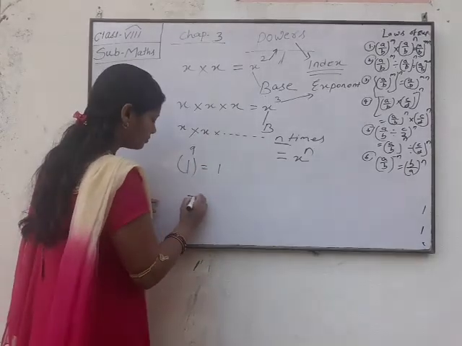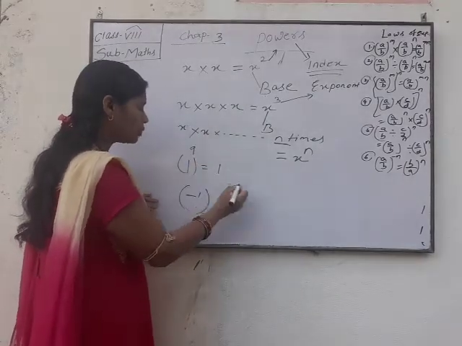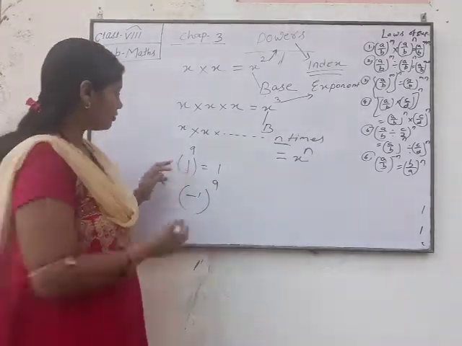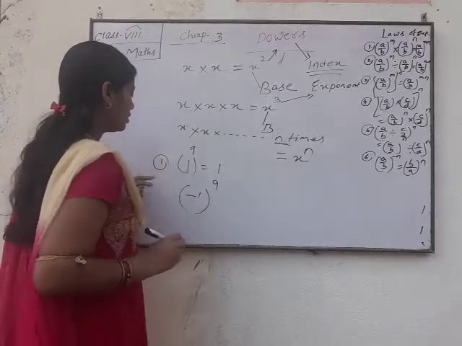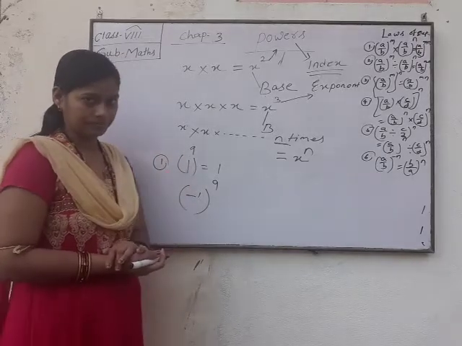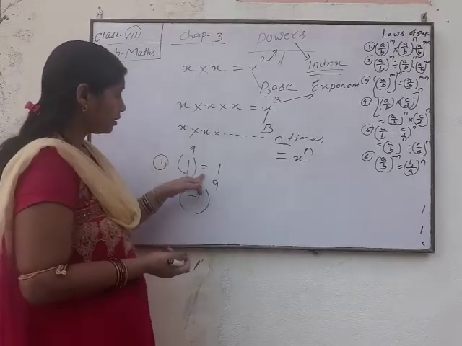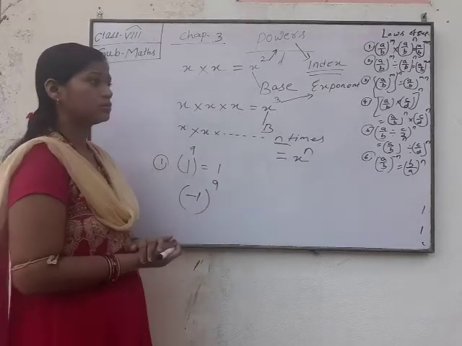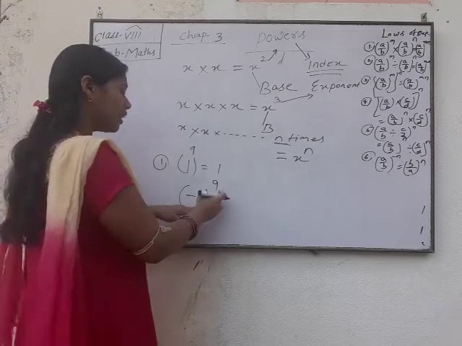Now suppose minus 1 to the power 9. In the first case, 1 to the power 9 is equal to 1. Here, minus 1 to the power 9.